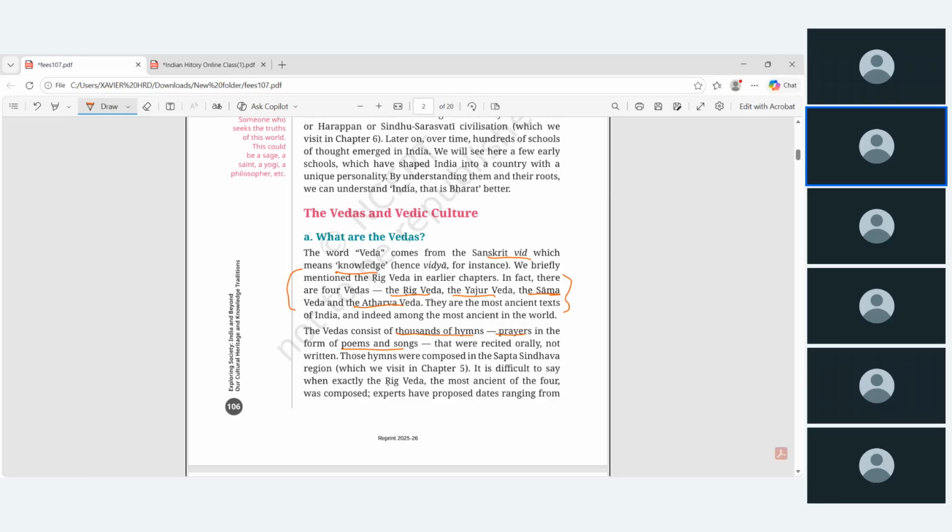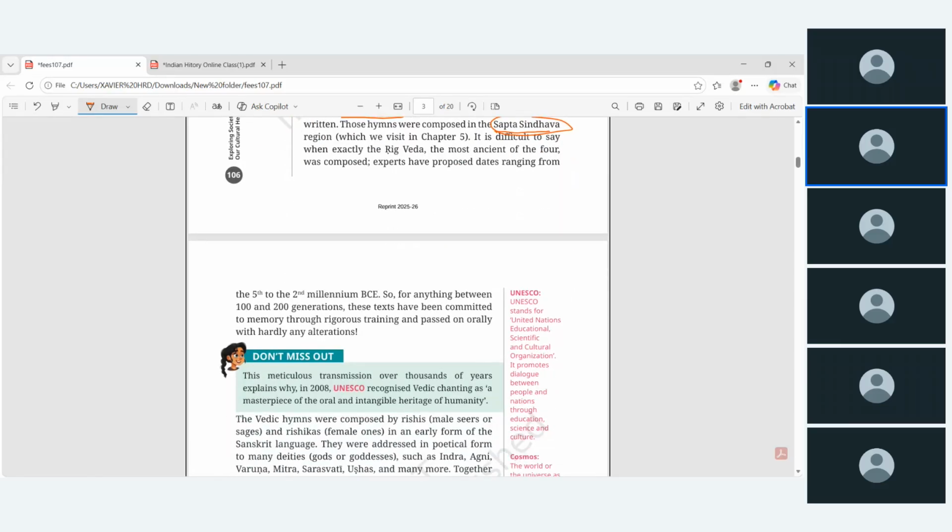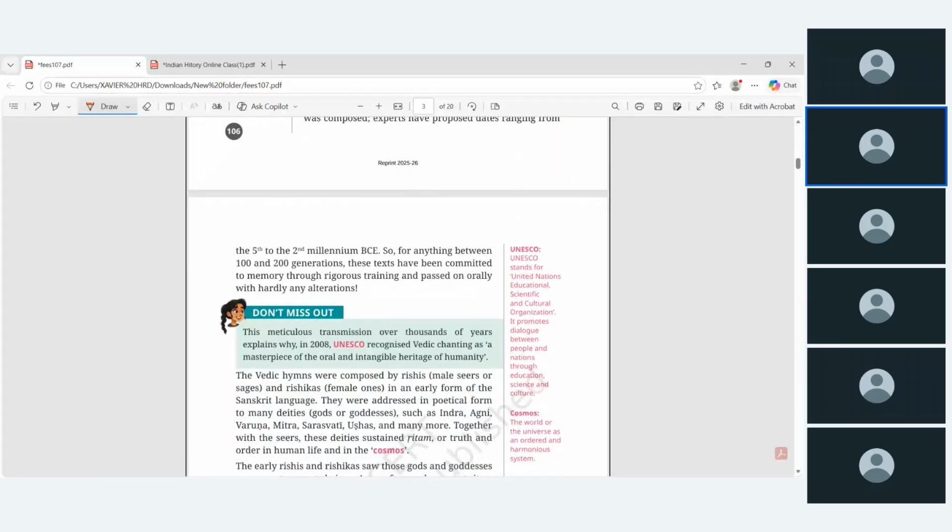These hymns were composed in the Sapta Sindhava, which means the land of 7 rivers. Yesterday we discussed this. When exactly was the Rig Veda, the most ancient of the 4, composed? It is dated from around 1500 to 1000 BC.